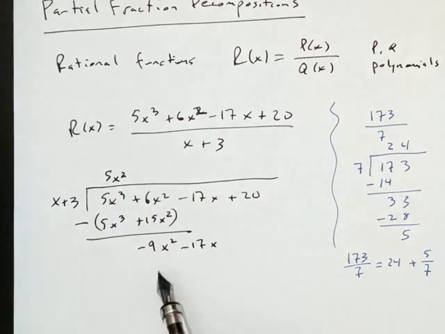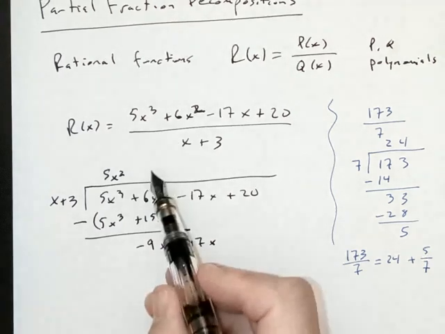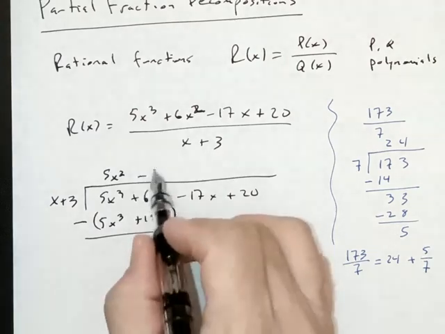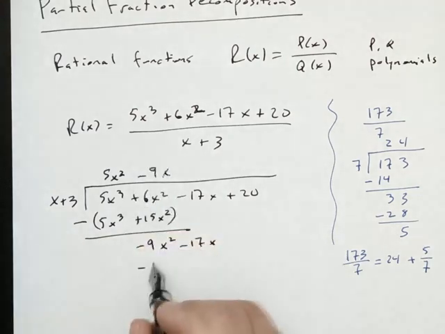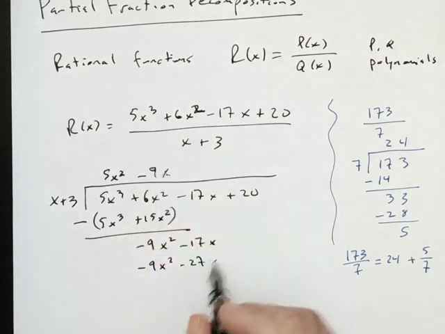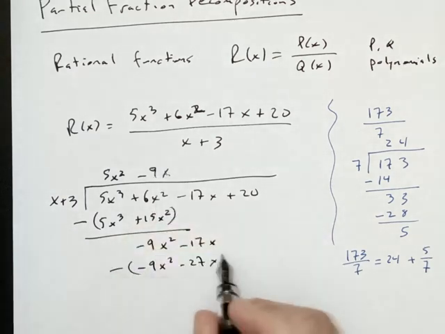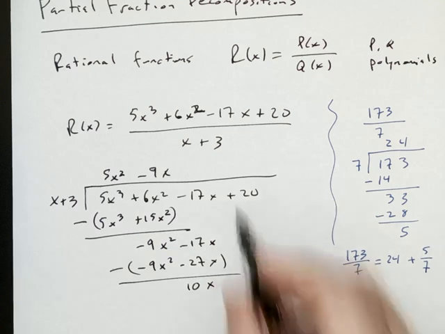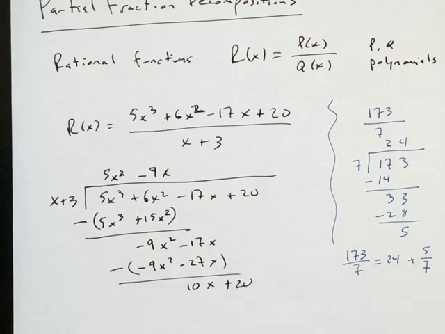I think x into negative 9x squared. What goes on top? What times x? Multiply. 9 times 3 is 27. Subtract that whole thing, and I get a positive 10x. Bring down the next piece.